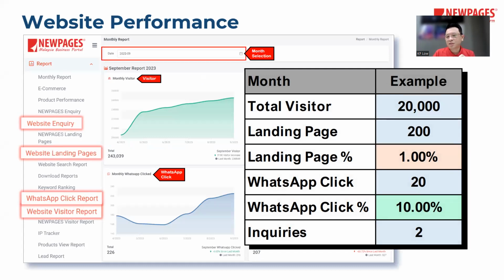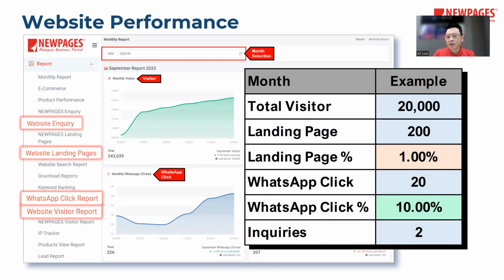Your total visitors per month, you have like 20,000, and then your landing page, you have like 200, then that will calculate to 1% of your landing page conversion. Okay, so if you have a WhatsApp click of 20, so 20 divided by 200, that will give you 10% of WhatsApp click conversion.